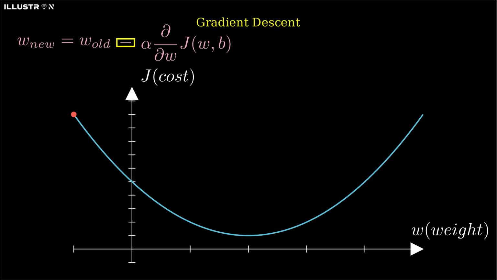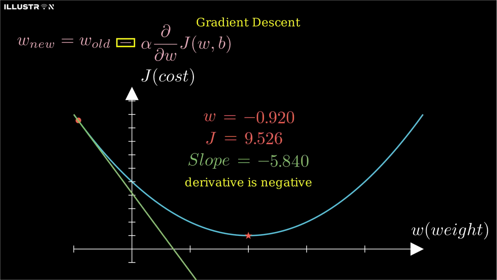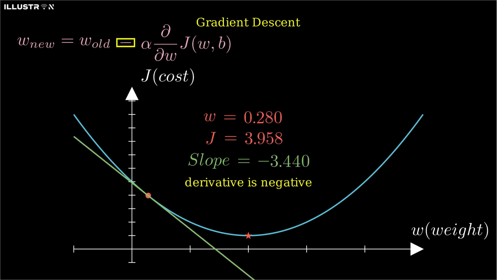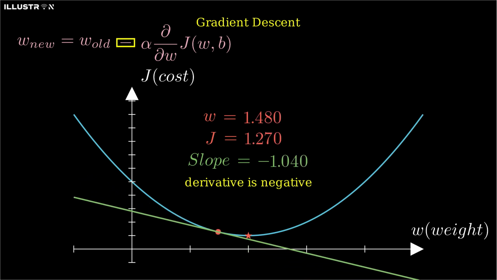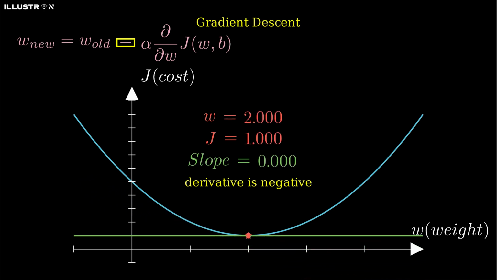Knowing that alpha is a positive value, we should take care about the sign of the derivative. A negative derivative indicates a downward slope, so we want to move the weight in that direction to decrease the cost. Negative multiplied by negative is positive, so we are adding a value to the current W. The update moves W to the right, increasing it.